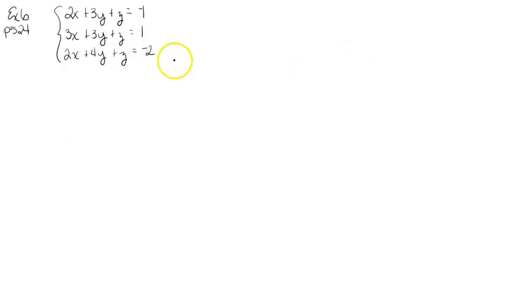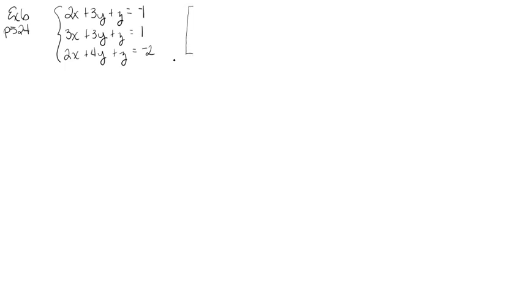Example 6 says to solve this system of equations, use an inverse matrix to solve the system. So the first thing I'm going to do to solve this is rewrite it as a coefficient matrix times a column matrix equal to another column matrix.